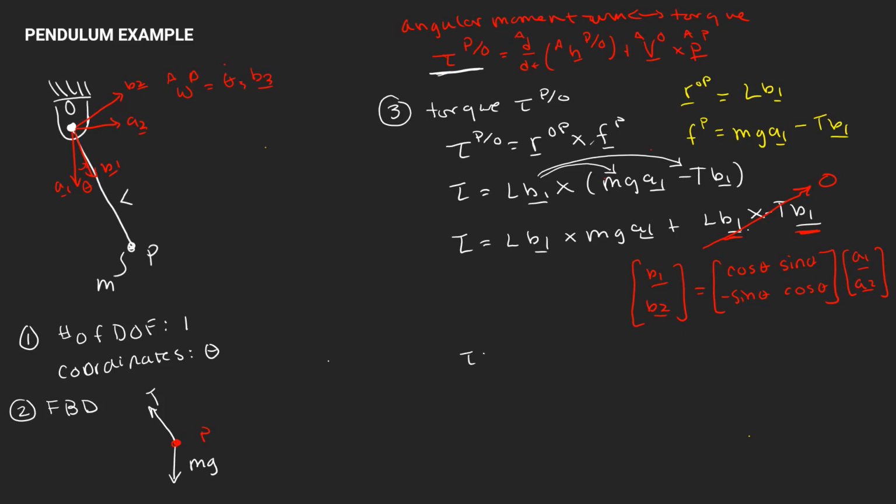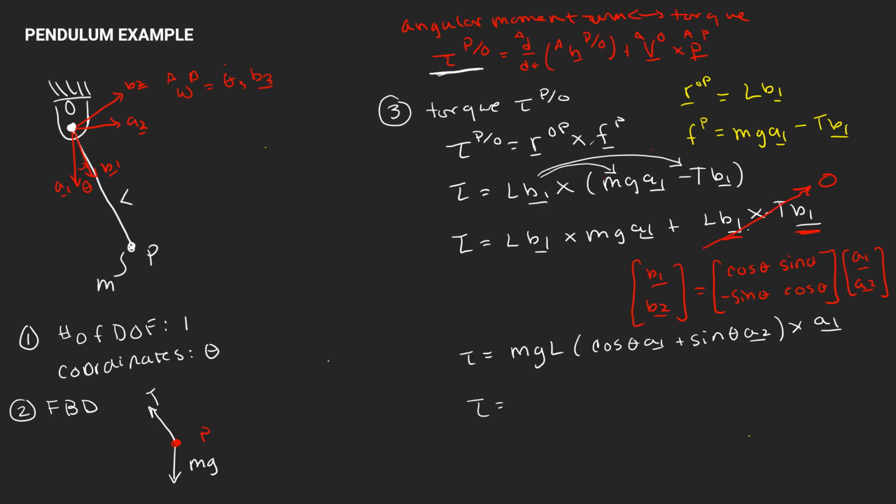So we have the following. We can lump the other three terms, the mgL terms, and so now we have our B1, that's cosine theta A1 plus sine theta A2, crossed with A1.